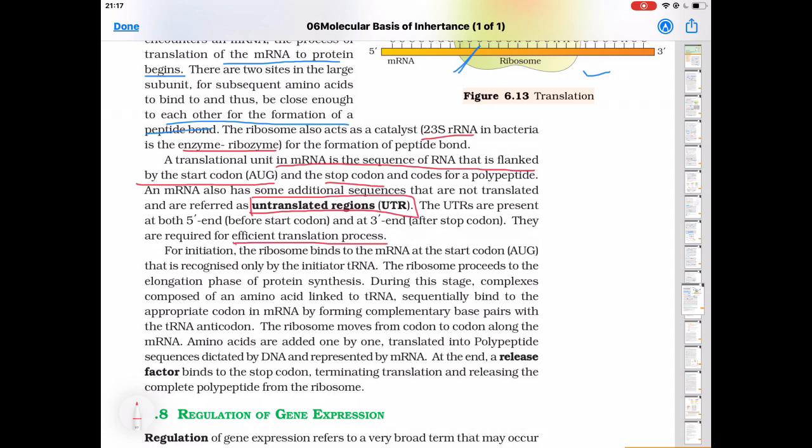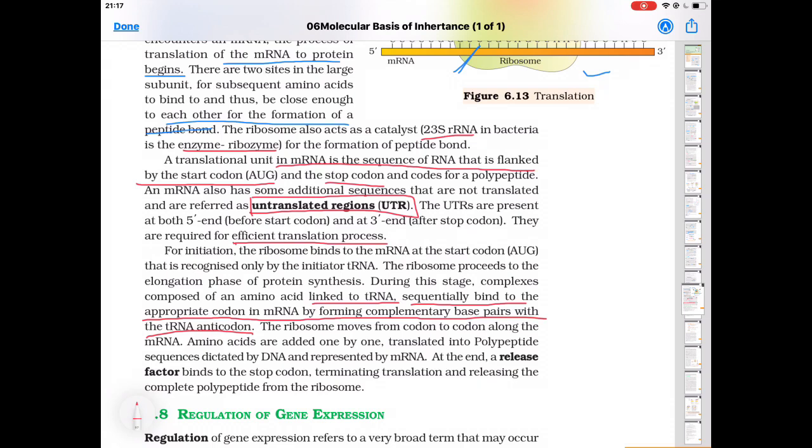During this phase, complexes composed of amino acids linked to tRNA subsequently bind to the appropriate codon in mRNA by forming complementary base pairs with tRNA anticodon. So first, smaller subunit of ribosome reads the code on the mRNA. Then larger subunit of a ribosome combines.